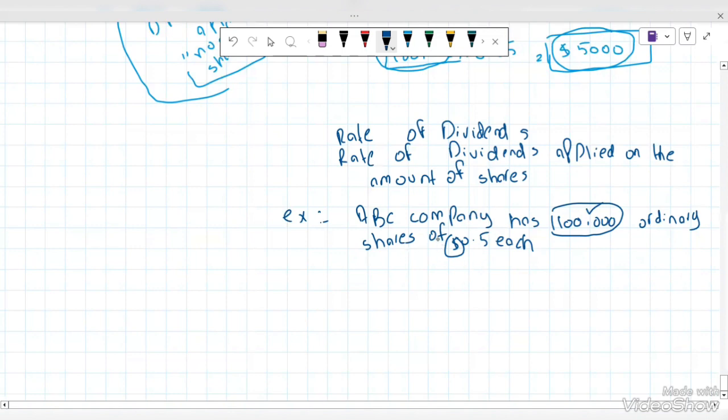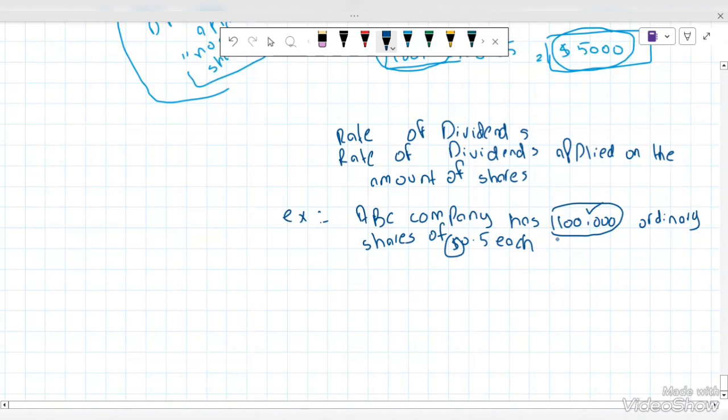And the 100,000 ordinary shares are $0.5 each. It means that if I want to purchase one share of any company, I will have to pay $0.5 for each share.